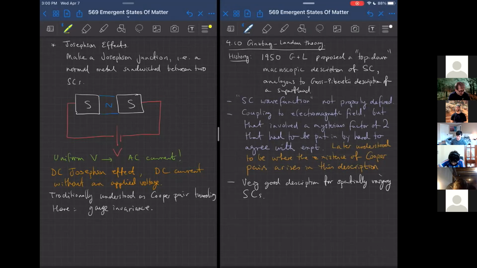So the other thing that I want to mention, just while we're talking about the historical note, is that the Ginzburg-Landau theory was not well known in the West. What's happened there?